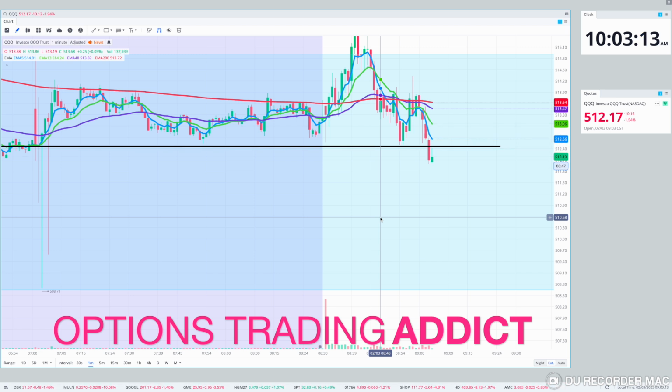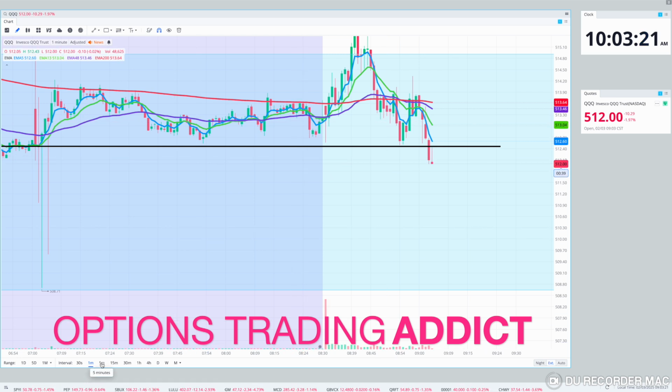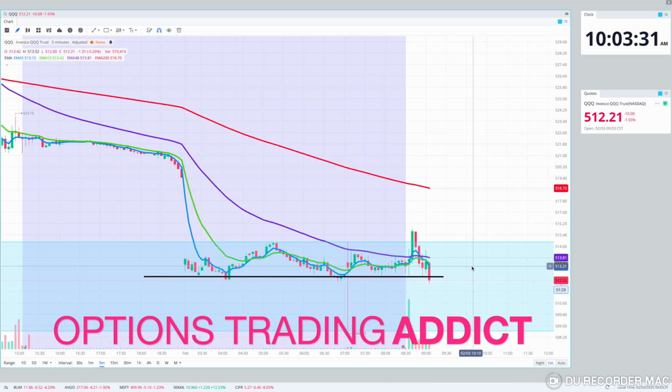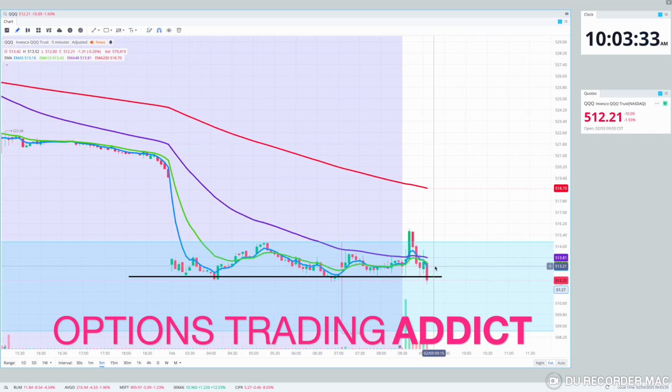I just remember last week I took a trade like this, and it wasn't at the cross level. Let's look back at the 5 minute. On the 5 minute chart, we don't have a candle totally broken away from the 5 and 13 EMA.